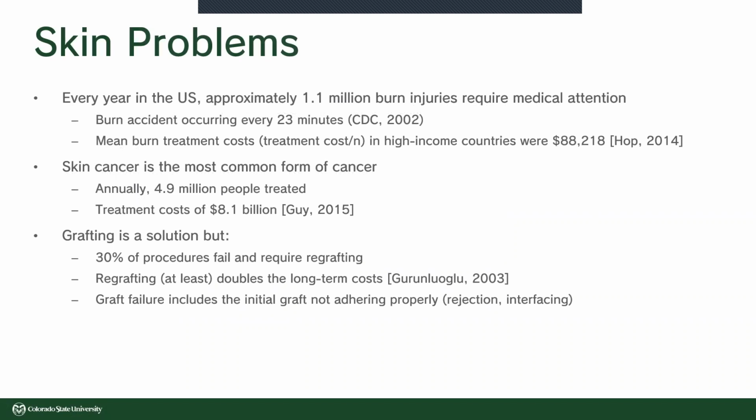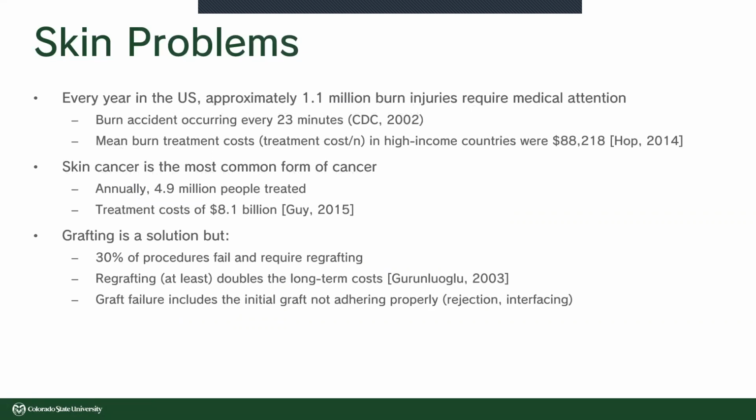So some additional demand, or why do we need this type of solution? It is because every year in the US, approximately 1.1 million burn injuries require medical attention, and these are just the ones that are recorded, which indicates that approximately every 23 minutes there's a burn accident.